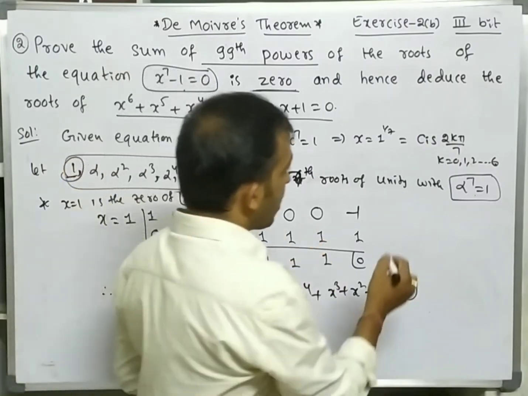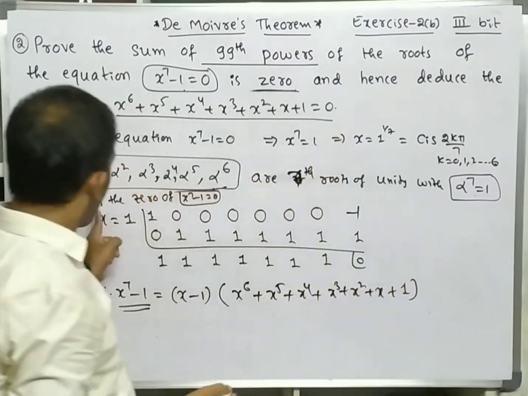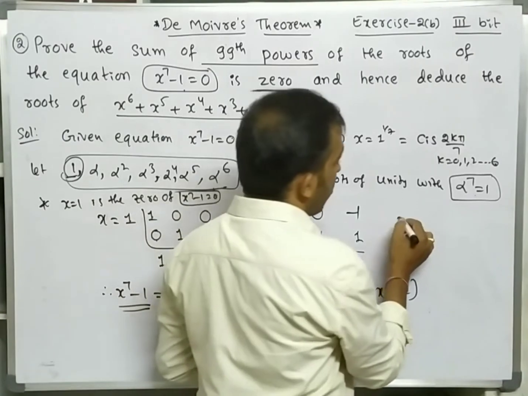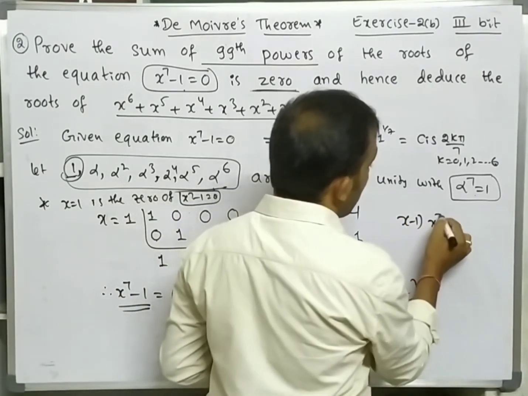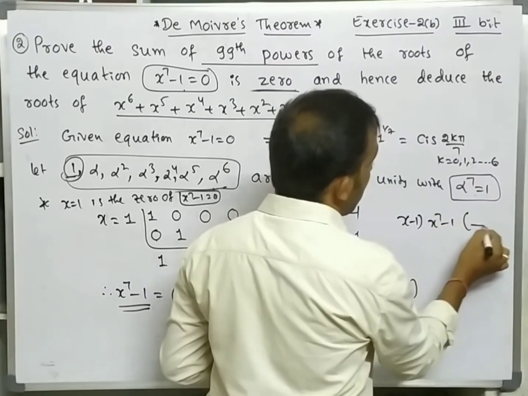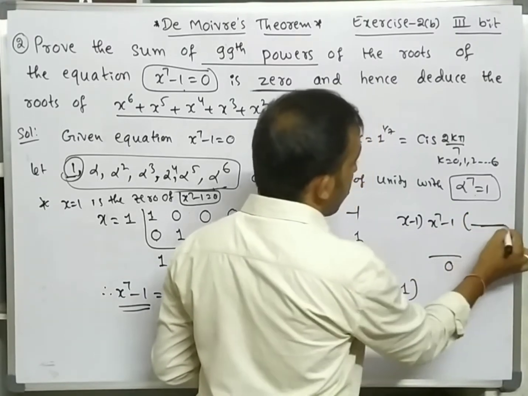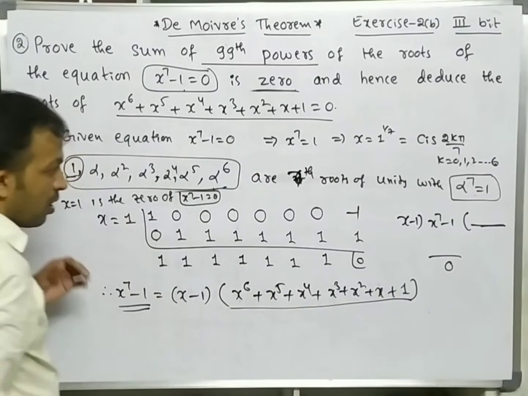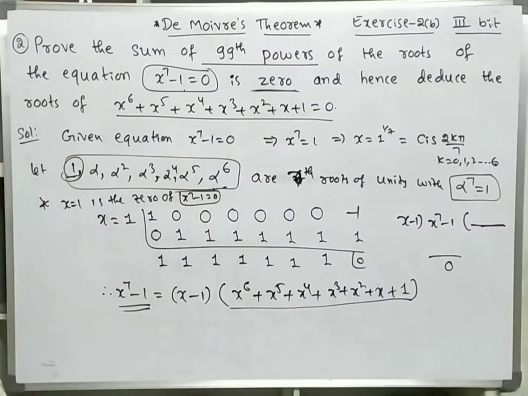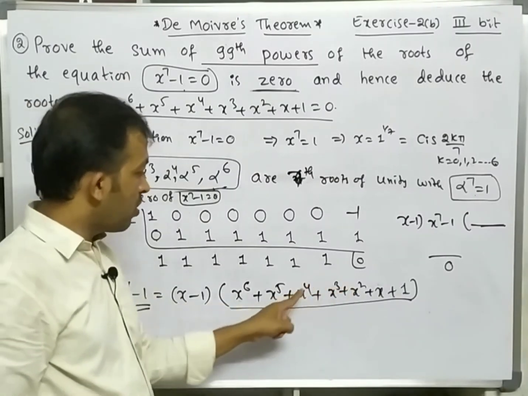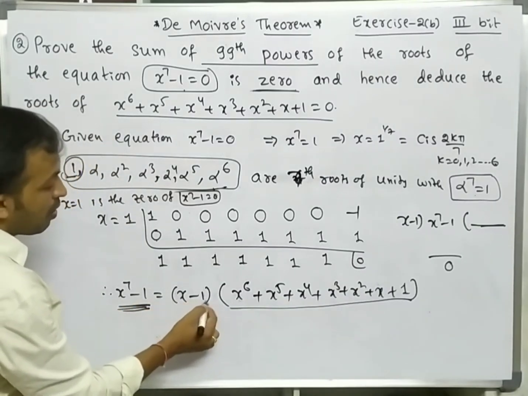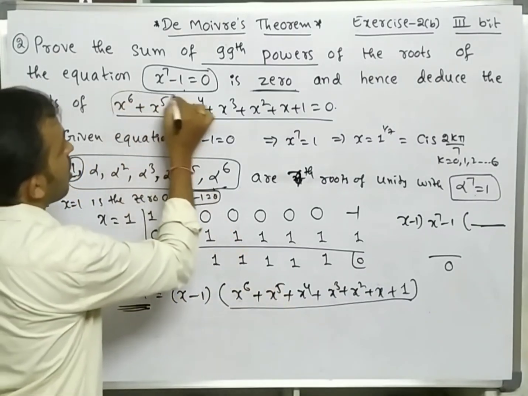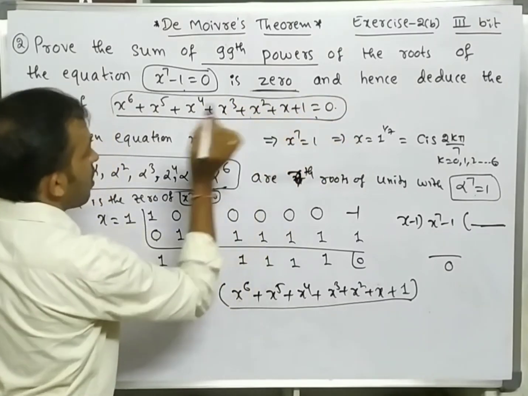Otherwise you can do it like this also: as x is equal to 1 is the factor, x is equal to 1 is the zero, then x minus 1 is the factor. Divide x power 7 minus 1 by x minus 1, you will get remainder 0, and the quotient is this one. So therefore x power 7 minus 1 can be written as x minus 1 into this one. So here it is given, right? We should find the roots of this equation.